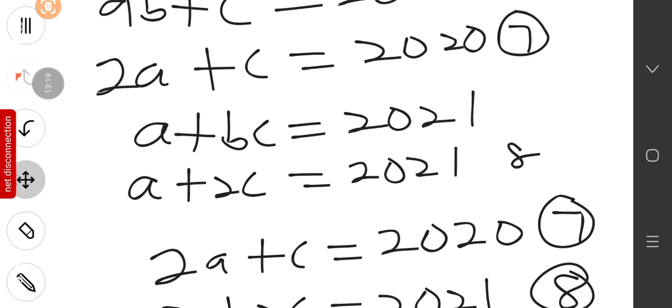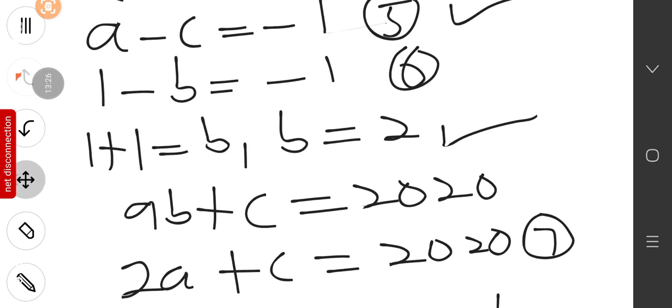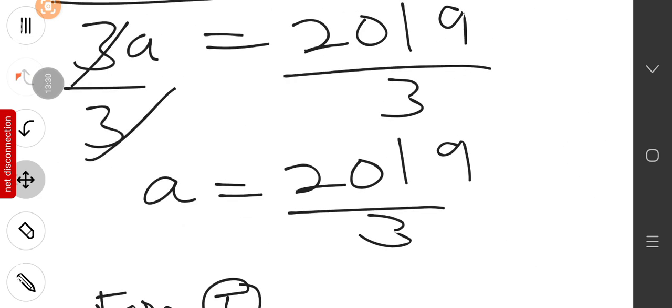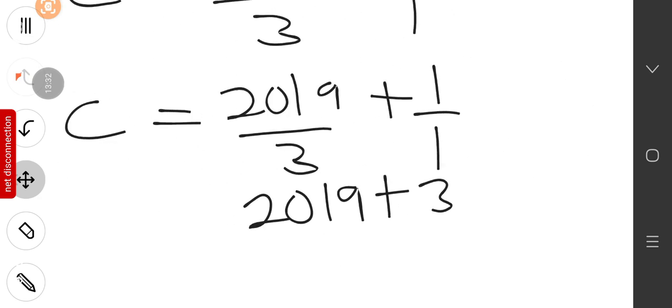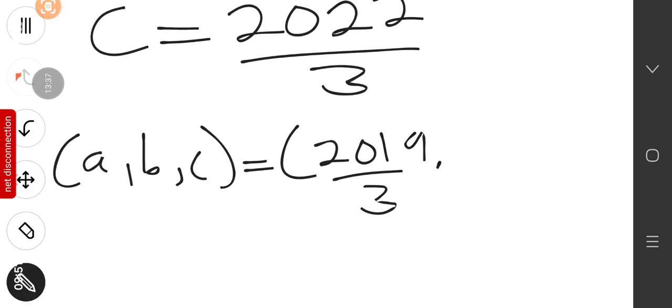So let's check. You can see from case 2, B is 2. And C is 2022 over 3.